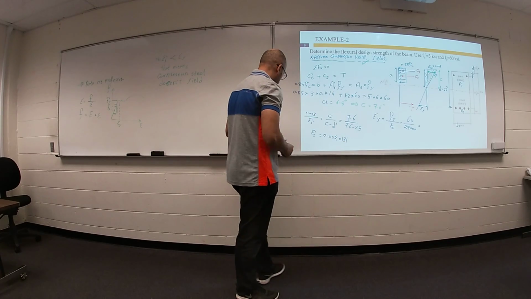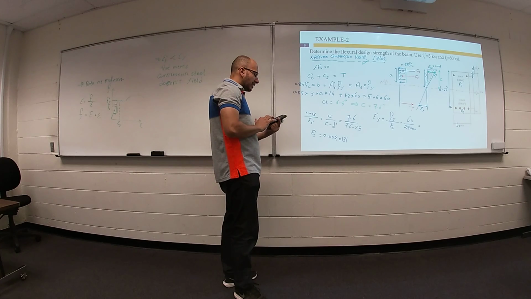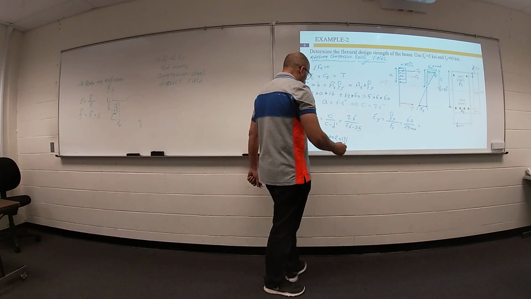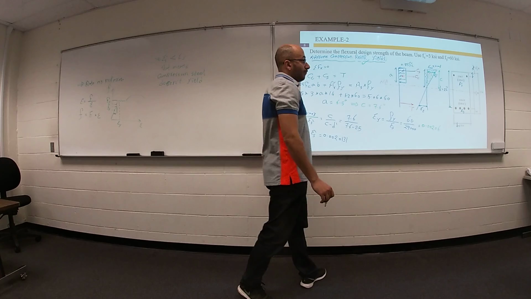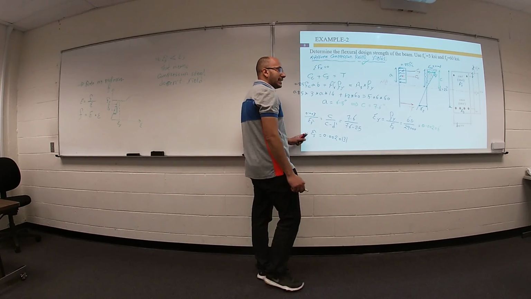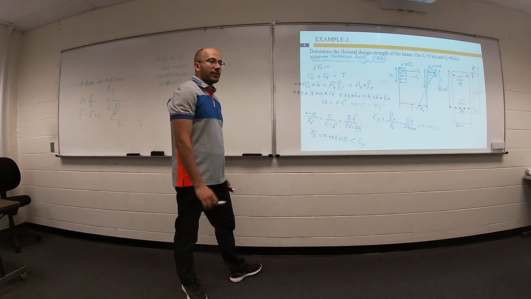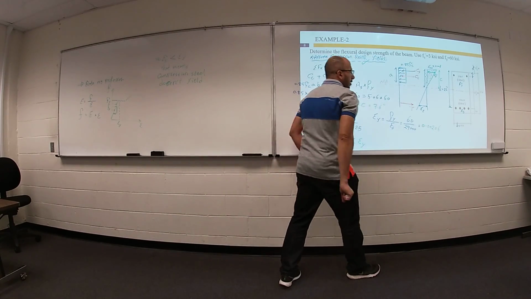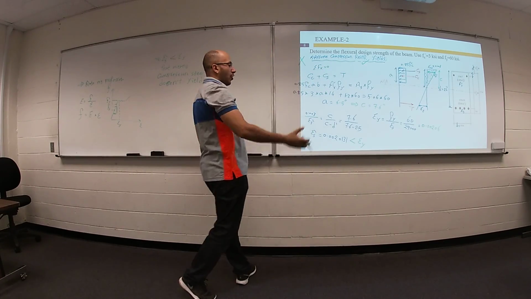What is the value? 60 divided by 29,000 equals 0.00206. What do you think? Epsilon steel is smaller than epsilon yield. That's right. This value is smaller than this value. So your assumption is not correct. Do more calculation.